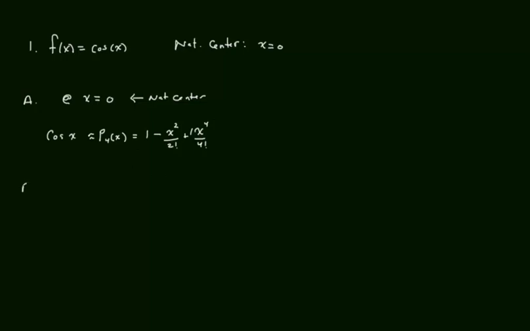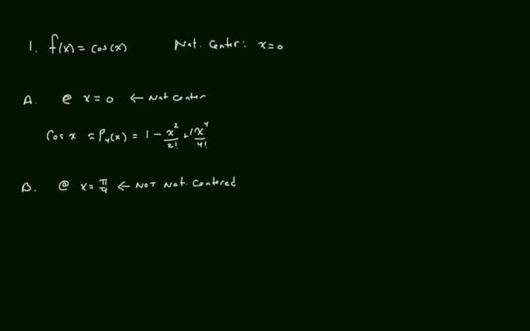Okay, so now question B says, write a third order Taylor polynomial for the same function, f of x is cosine of x, but this time centered at x equals pi over 4. That is not the natural center.